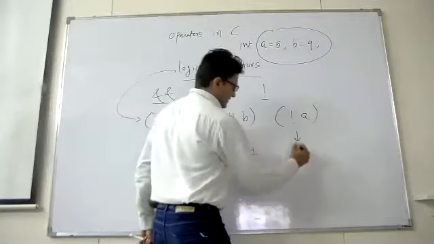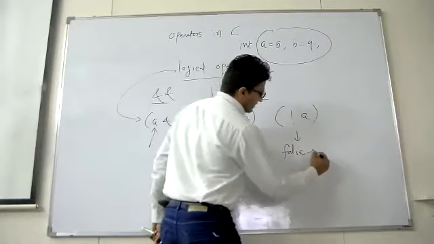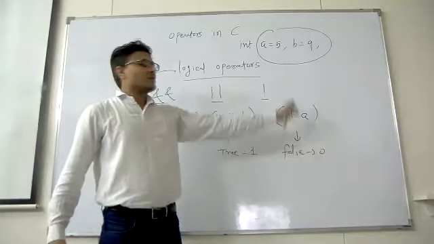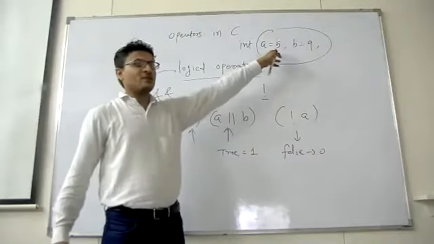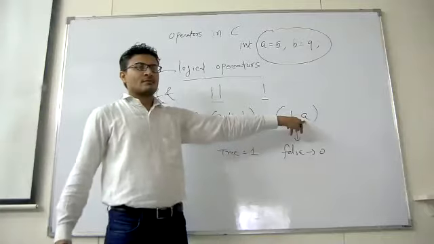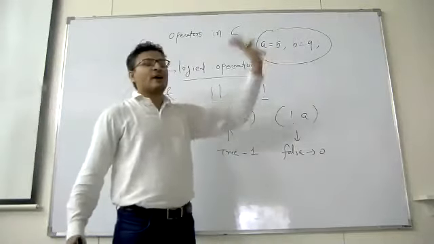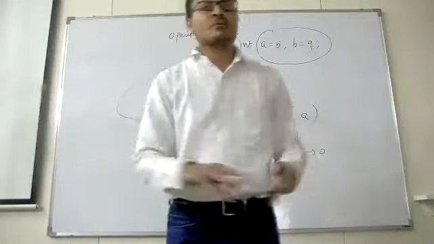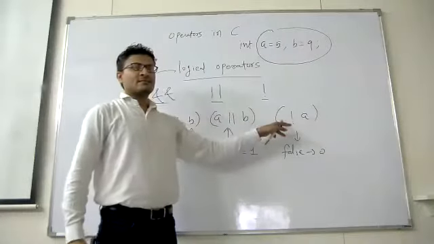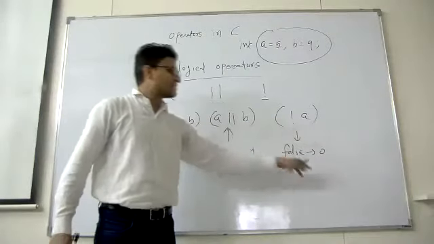Why? Because it will do the not of a non-zero value. Non-zero means 5. It will consider 5 as true and do the complement of true, that is false.